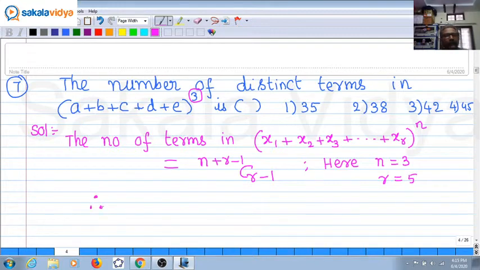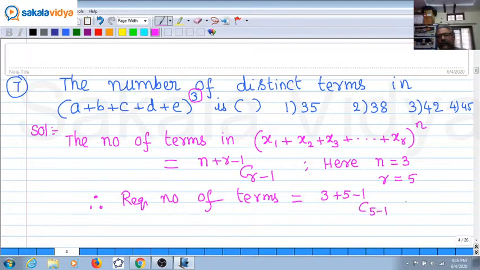Therefore, required number of terms in the given expansion is 3 plus 5 minus 1 C 5 minus 1.